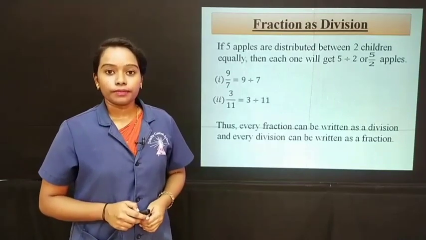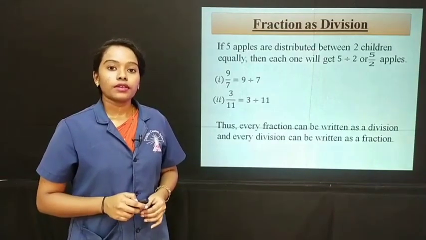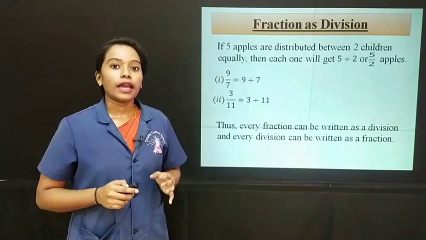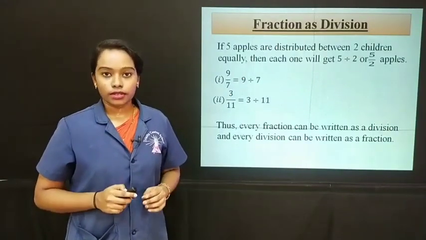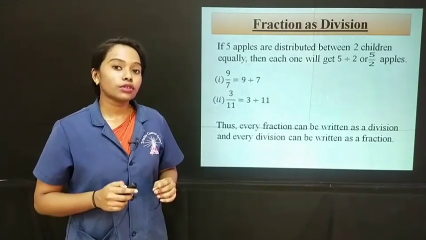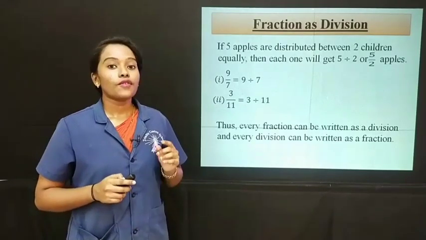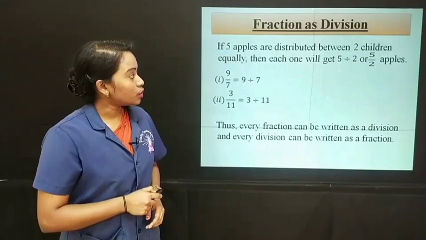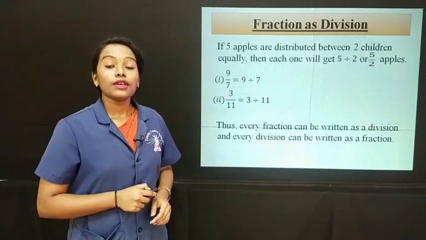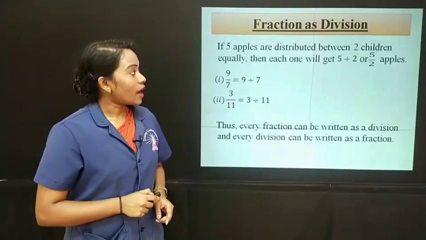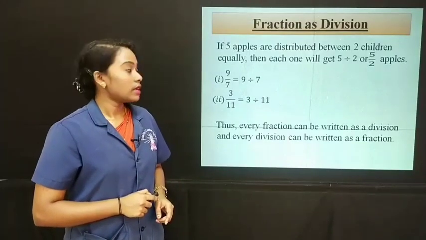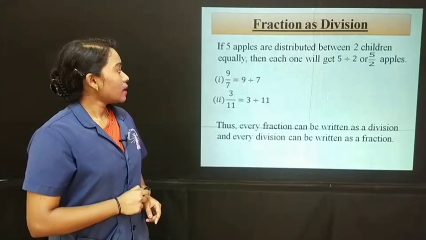Fraction as division. Suppose we have 5 apples and we have to distribute them between 2 children. Then each one of them will get 5 divided by 2 apples, which is represented in terms of fraction as 5 by 2. See here also 9 by 7.